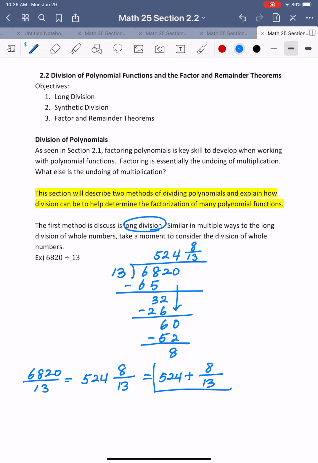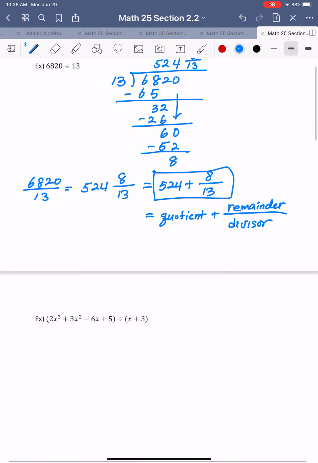So we try to keep this format: the 524 is the quotient, and then plus the remainder, if you have one, over the divisor. If the remainder is 0, you don't have to put it. So we try to put the answers like this. All right, let's look at the next page.